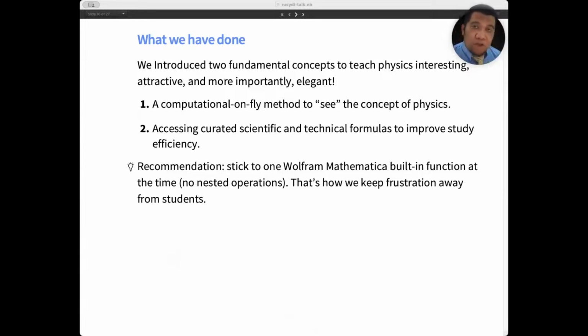One, a computational on-the-fly method to see the concepts of physics. Two, accessing curated scientific and technical formulas to improve study efficiency. Recommendation: stick to one Wolfram Mathematica built-in function at a time, no nested operations. That's how we keep frustration away from students.